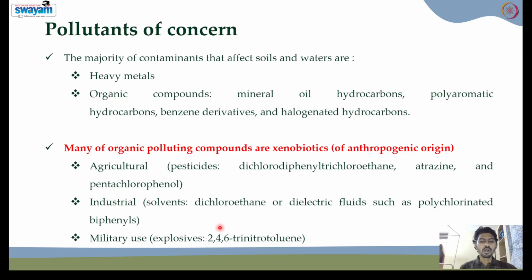These are also pollutants, and even in a very small amount they cause drastic pollution to the environment. So these are only some of the xenobiotic contaminants that have been used in various applications.